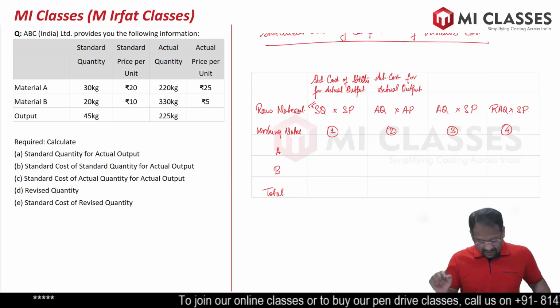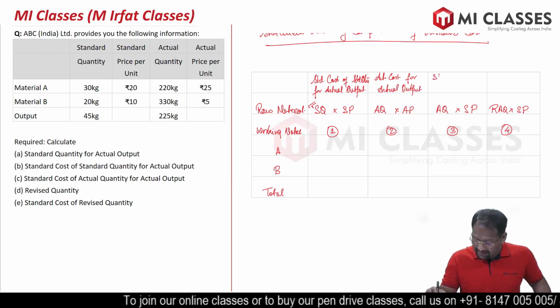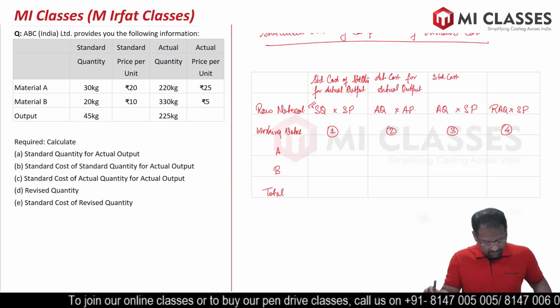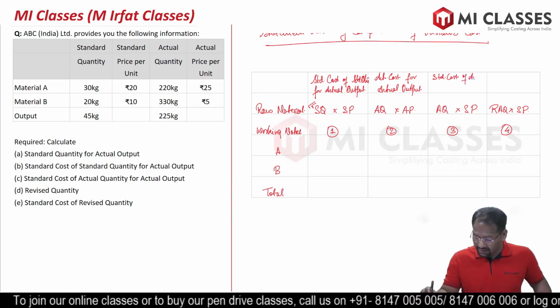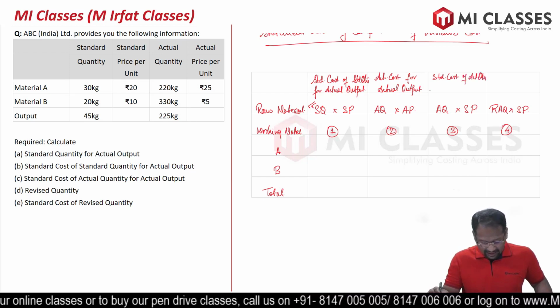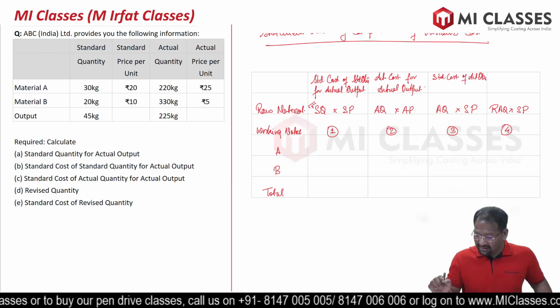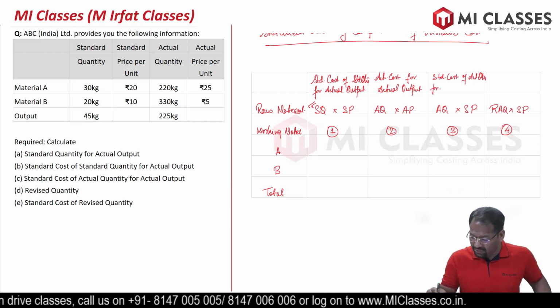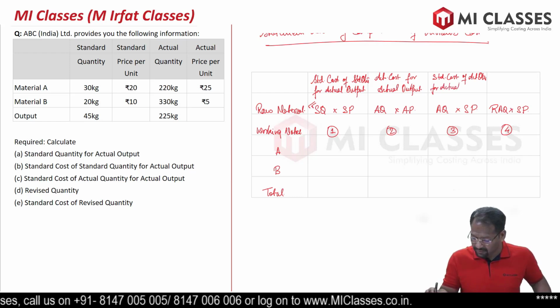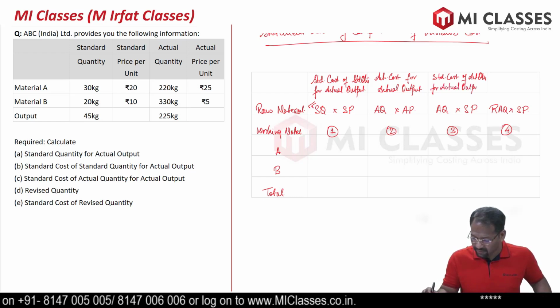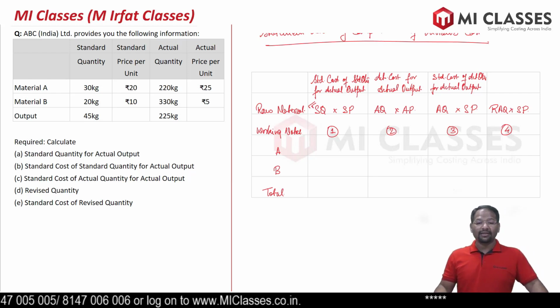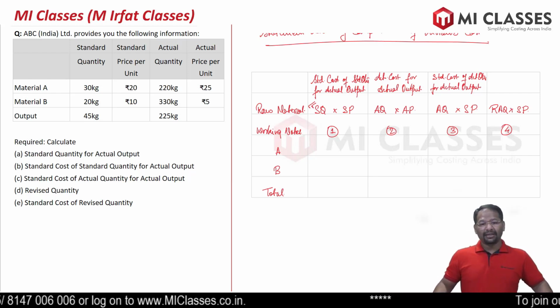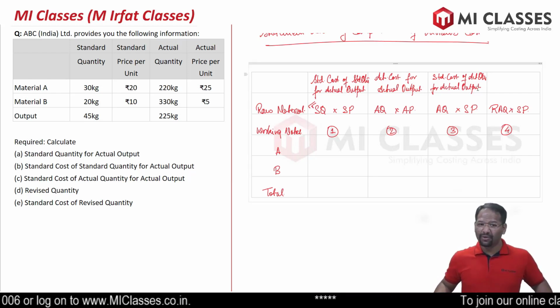The third one is called standard cost of actual quantity at standard price or standard cost of actual quantity for actual output. These are little lengthy names, little complicated. Most of the time we forget to learn this.